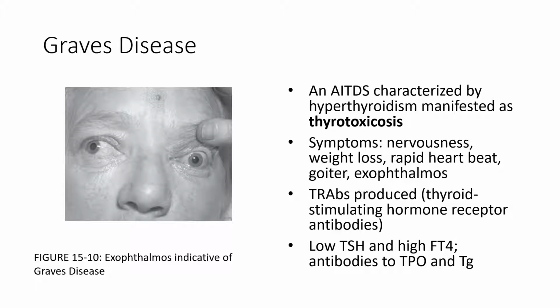But it's thyroid stimulating hormone receptor antibody, results in low TSH, high T4, which means the person is hyperthyroid. Their metabolism is ramped up too much.